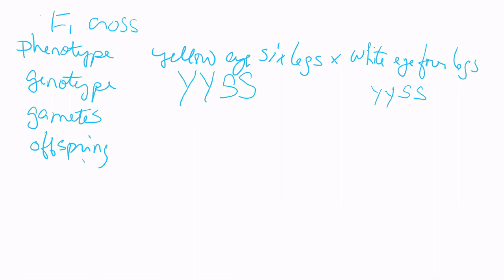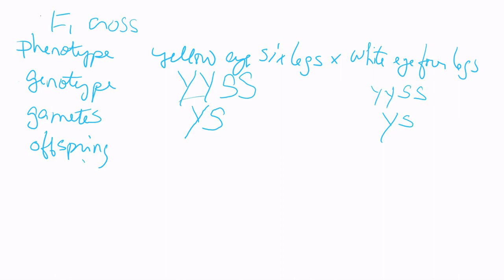Now it's important when we're forming the gametes here that every gamete is going to have something to describe the eyes and something to describe the legs. It's not going to have 2 y's or 2 s's together. It is only going to have 1 y and 1 s. In the case of our dominant, it's a big Y and a big S. And in this one, it is a small y, small s.